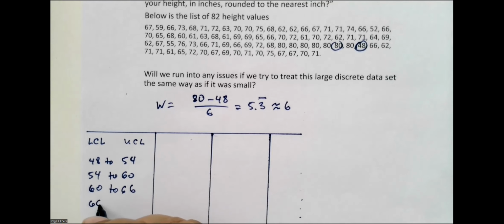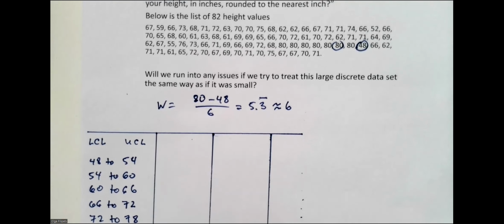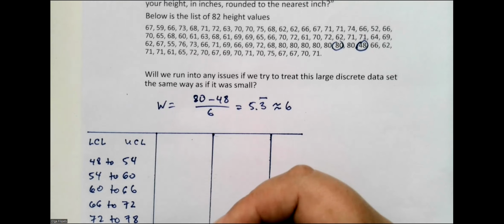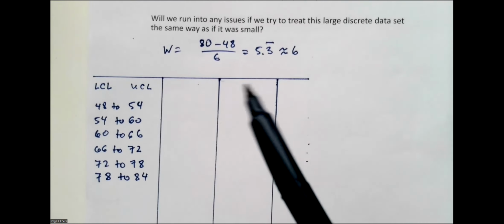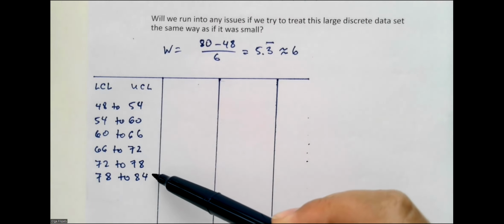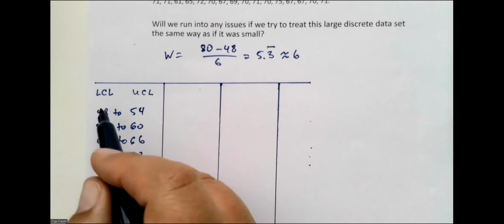The next one is 66 to 72, 72 to 78, and finally 78 to 84. So now I have 1, 2, 3, 4, 5, 6 classes, and all of my values are accounted for from the smallest to the largest. My largest was 80, so it's going to fall into the last class.